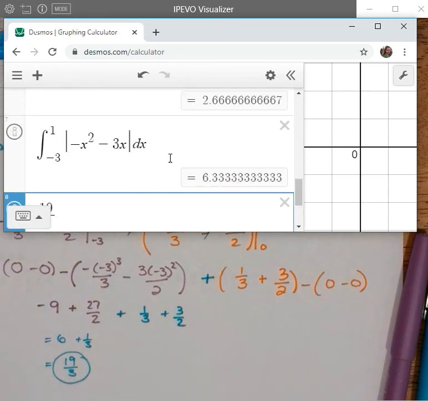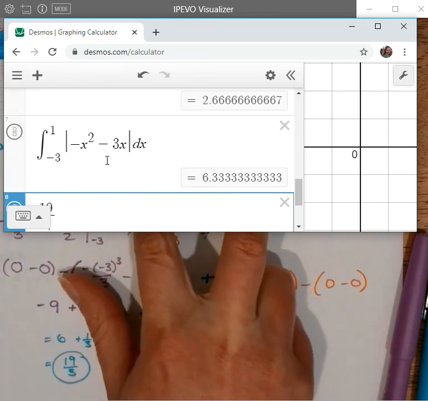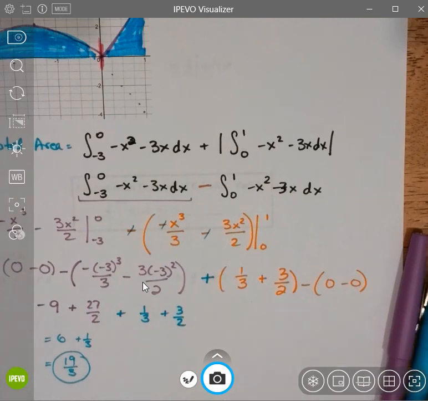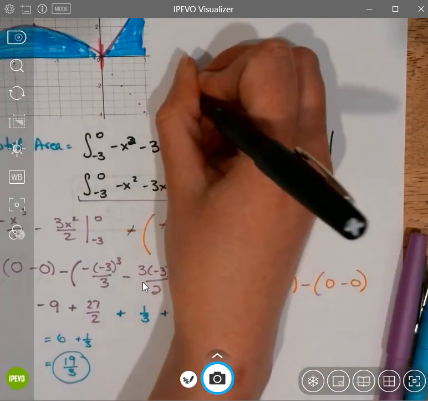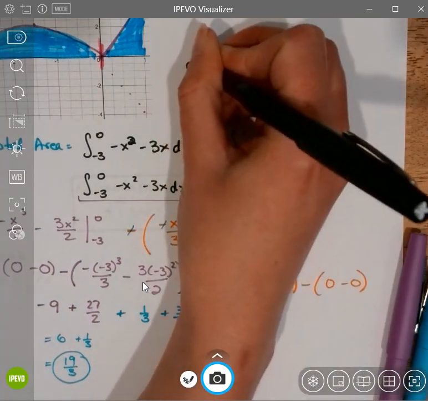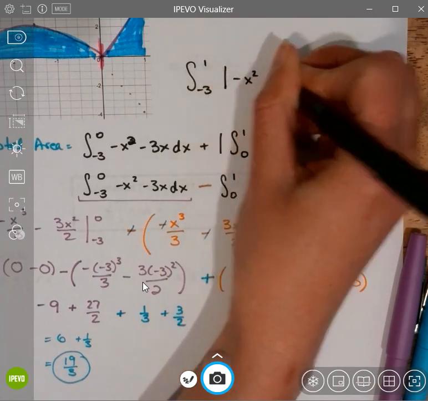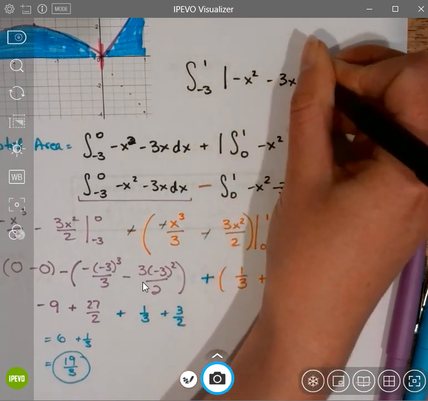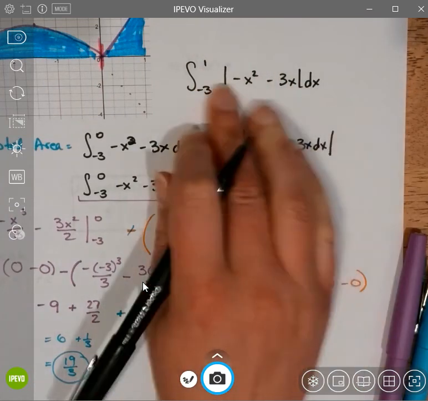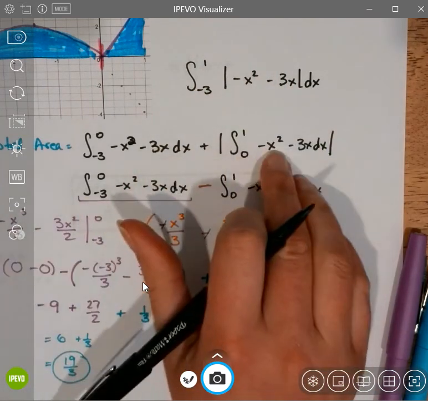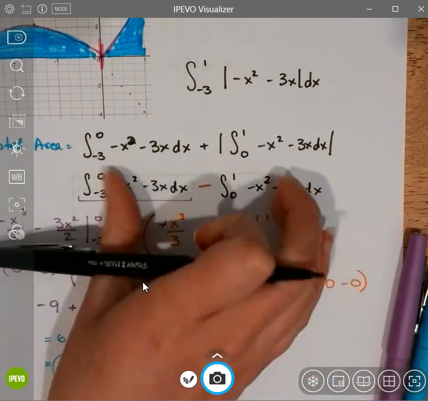So I can have decimals check it. Again, I'm doing the absolute value of the function. When I'm doing it by hand, I can't integrate an absolute value function. So by hand, I have to integrate it piece by piece. So maybe even above up here, I could write what I wanted to do, which was the integral from -3 to 1 of the absolute value of the negative x squared minus 3x dx. And decimals is able to take that in as an argument, but by hand, I have to separate it into the two pieces without the absolute value so that I can get them integrated.